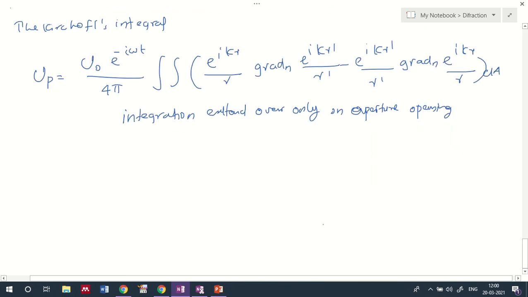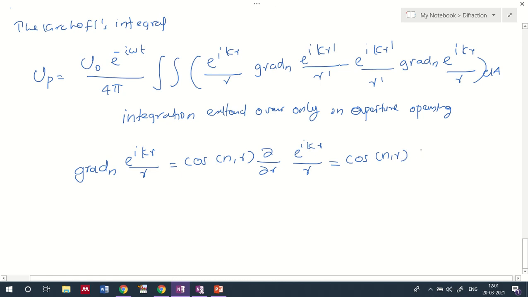So we have to say that the gradient of n of e raised to ikr by r will be equal to cos n r, dou by dou r of e raised to ikr by r, which is equal to cos n r times ik e raised to ikr divided by r minus e raised to ikr divided by r square.